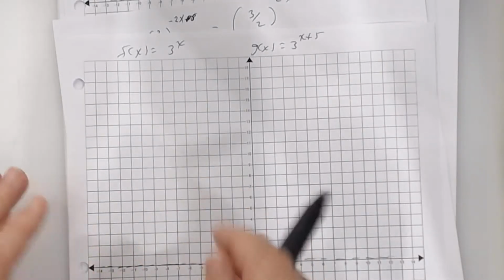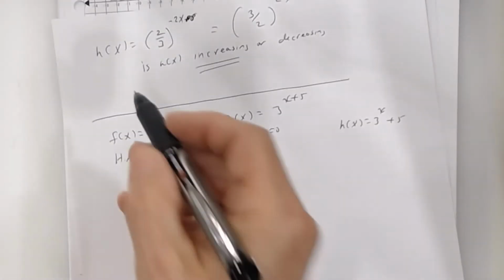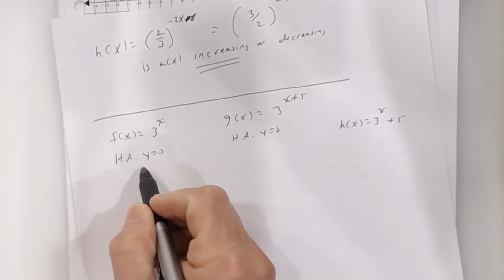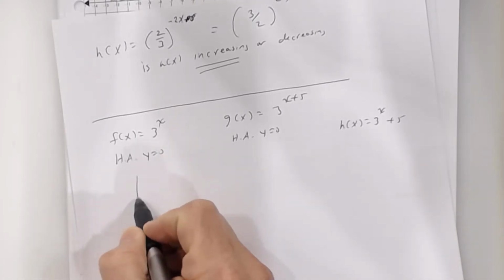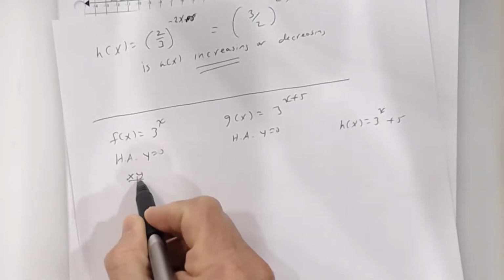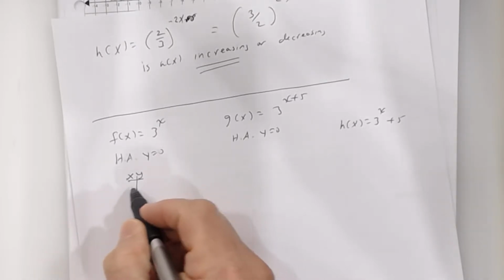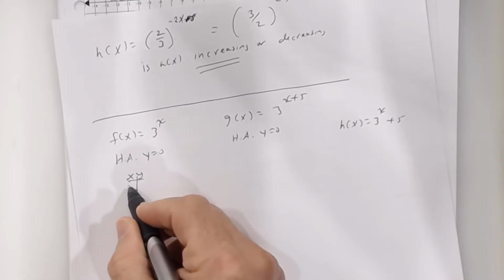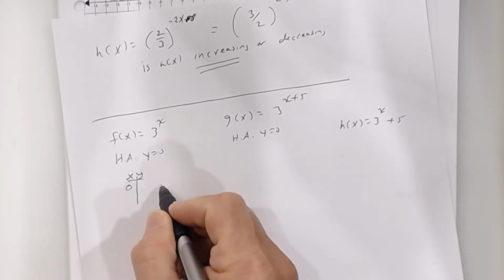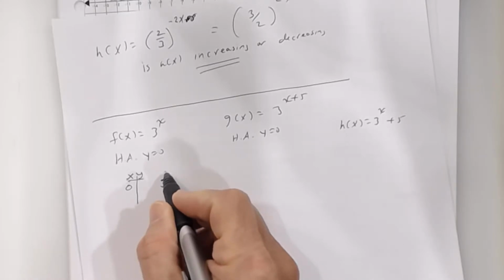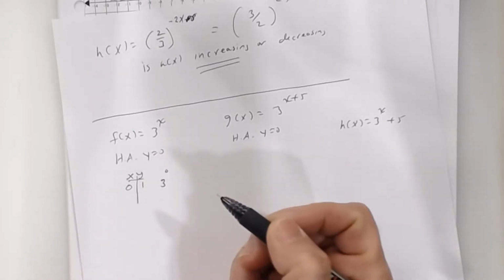All right, now, what is the y-intercept for this one? One. So if x is 0, I get 3 to the 0, which is 1.